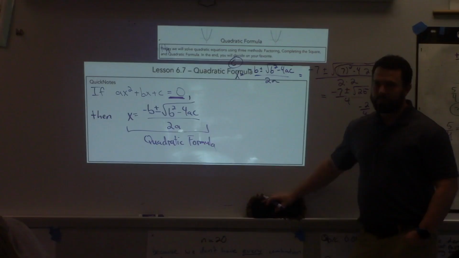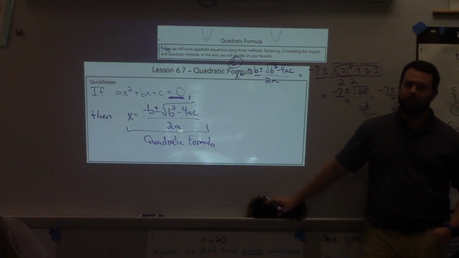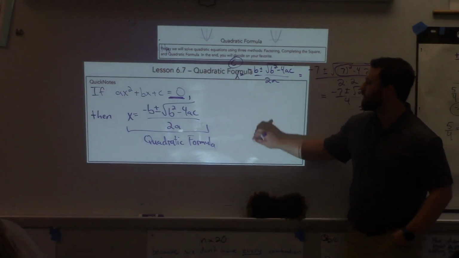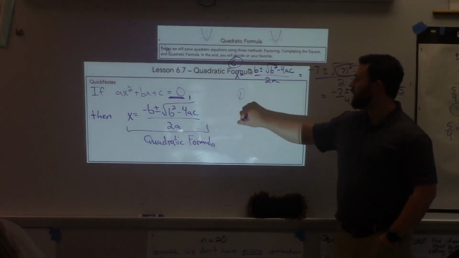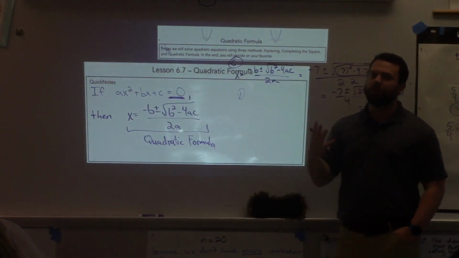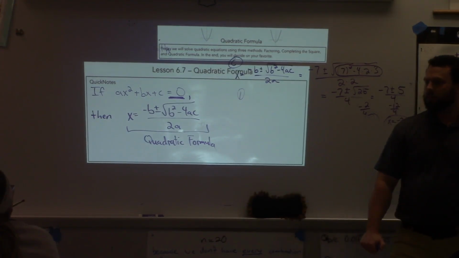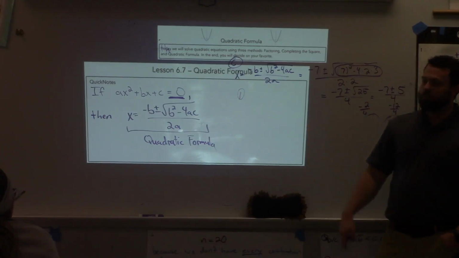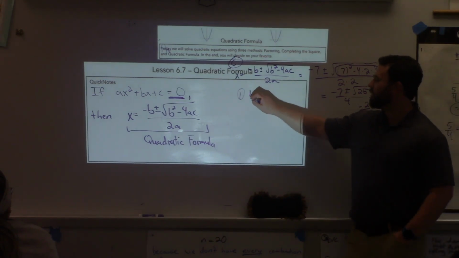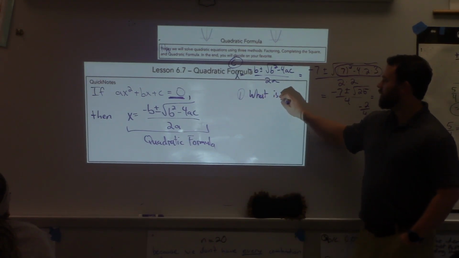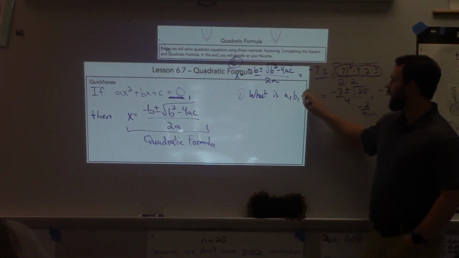If you want it broken down into steps, I'll give you some steps here. But it is much easier if you just understand that equation. Your steps should be, if I want to use this formula, what's the first thing I need to figure out? Even before that, what is A, B, and C?